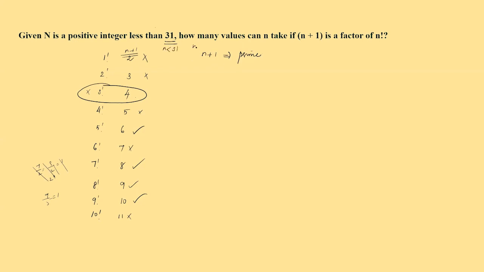So n plus 1 can go up to 31; n plus 1 will be less than or equal to 31. So the prime numbers that are there are 2, 3, 5, 7, then you have 11, 13, 17, then we have 19, 23, 29, and 31.